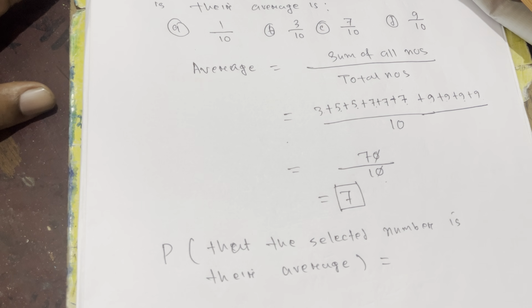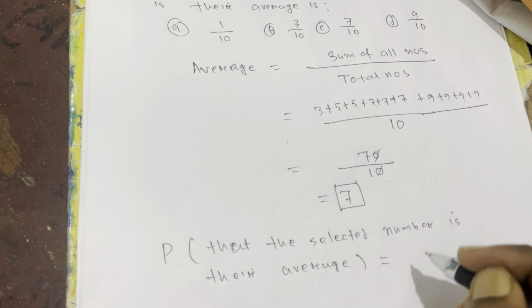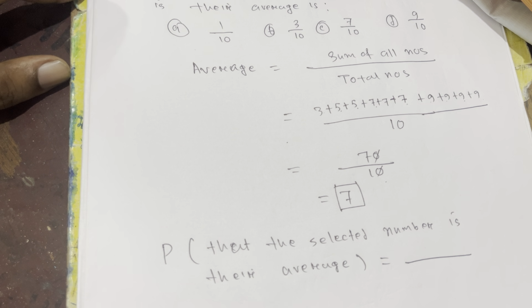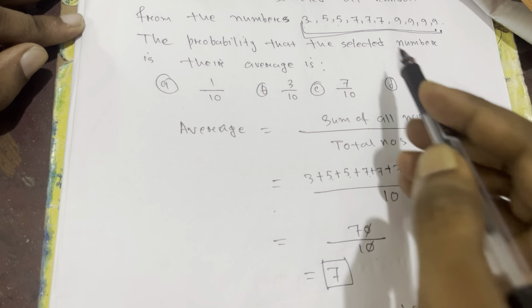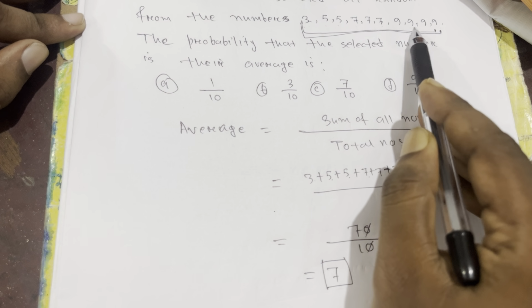Indirectly, the writer is asking us to find the probability of 7. Because we got the average as 7, we need to find the probability of 7, isn't it? So if you observe the numbers: 3 5 5 7 7 7 9 9 9 9.